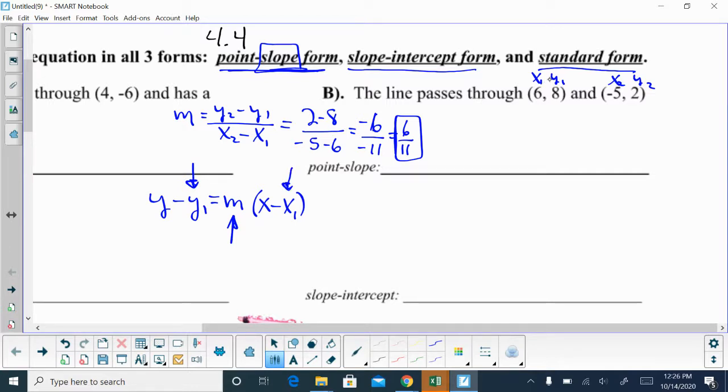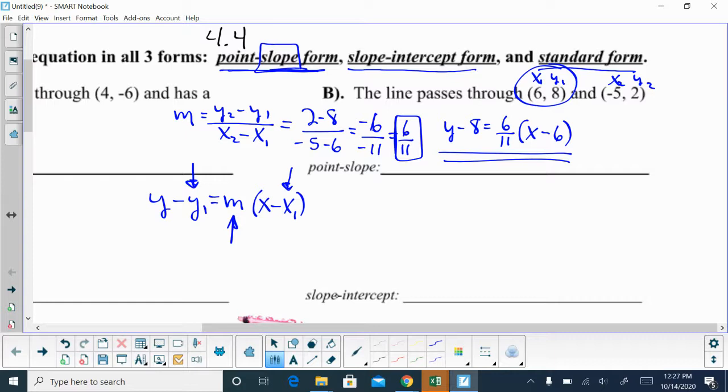So y minus y1, in this case 8, is equal to m, which we found to be 6 over 11, times the quantity x minus x1, which is 6. At this point, that is my point-slope formula.